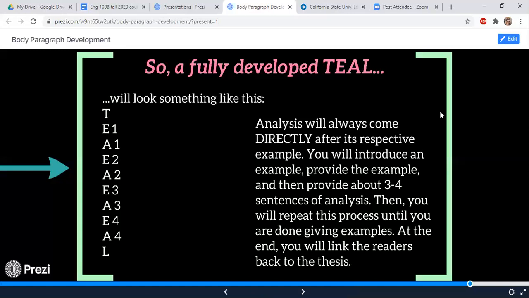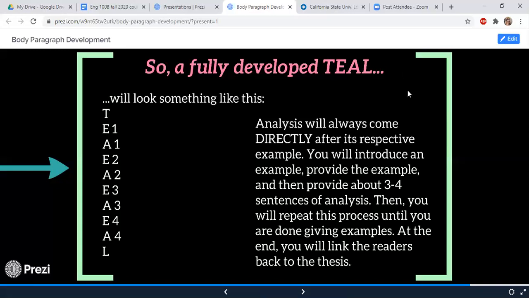So if you do it this way, you shouldn't really have to worry about, will I reach the page length for the essay? Because I remember being a student and stressing out about, will I meet the page length? That's always kind of a scary requirement, right? And I totally empathize with that.